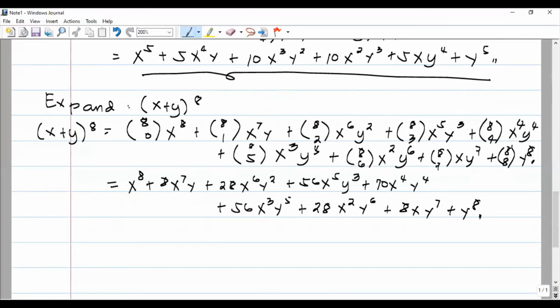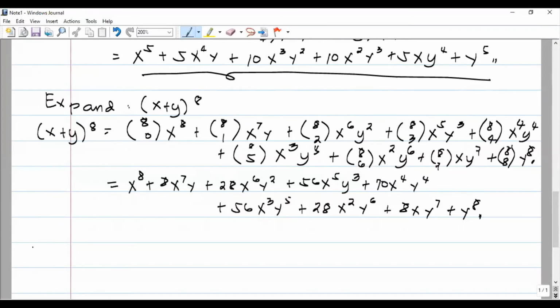Okay, another example, and this example is all about finding the coefficient of an unspecified term. Okay, so let us try this.